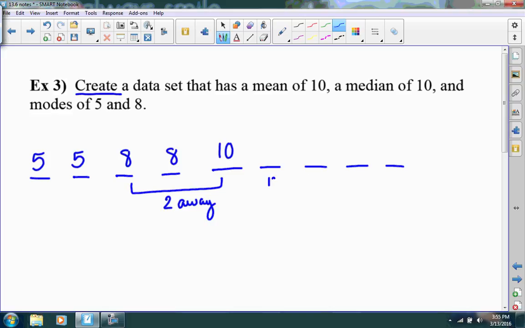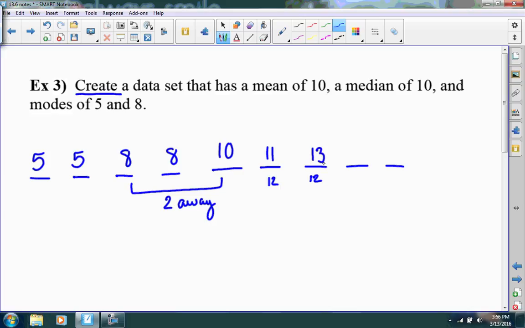But I don't want 12 and 12 because then they would also be modes. Or I would have to change how many times 5 and 8 repeated. So I don't want 12 and 12, but I want numbers that will get me a total of 24 if I add the 2 of them up. So if I took 1 away from 12 and got 11, and added that extra 1 to the other 12 and made it 13, then I have 11 and 13 that add up to 24.